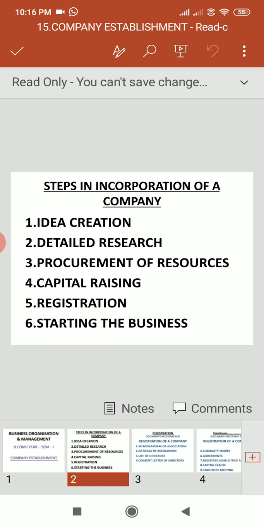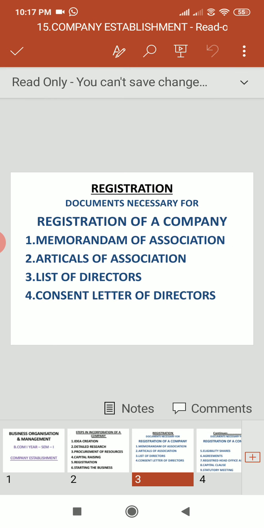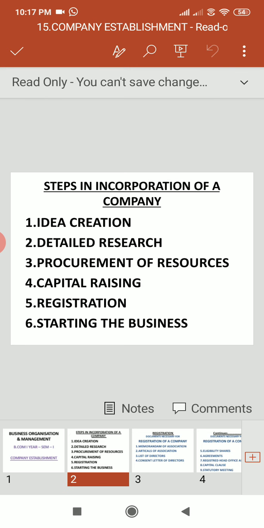Next, procurement of resources. For every business, money is needed, resources are needed. Resources means not only monetary resources, but water resources, natural resources, transportation, human resources, labor, and so on.